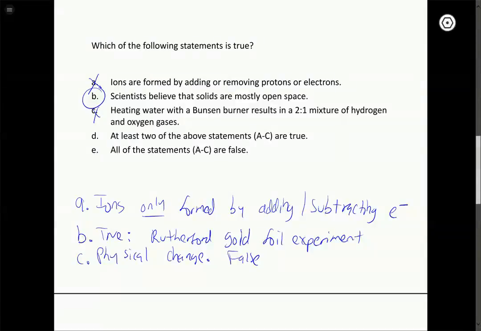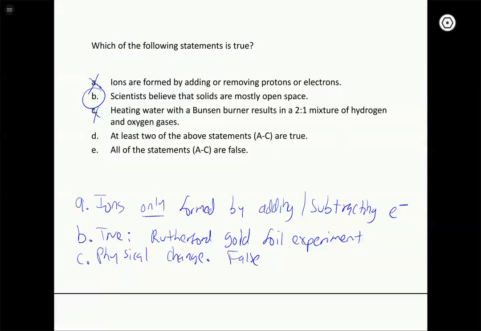Scientists believe that solids are mostly open space. So that was how we want to think about that one. So 3 different concepts here, all in the same problem. The first one, A, deals with the formation of ions, which we should be aware is only involving electrons. Choice B, the idea that came from the Rutherford gold foil experiment, which is that most of atoms are empty space.